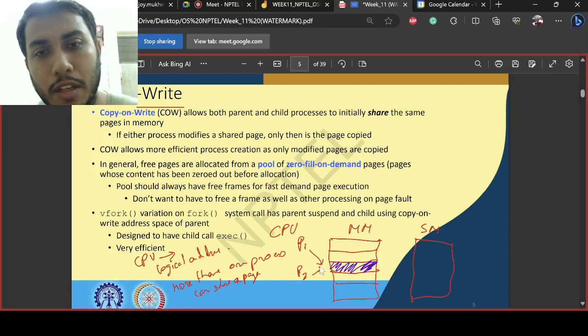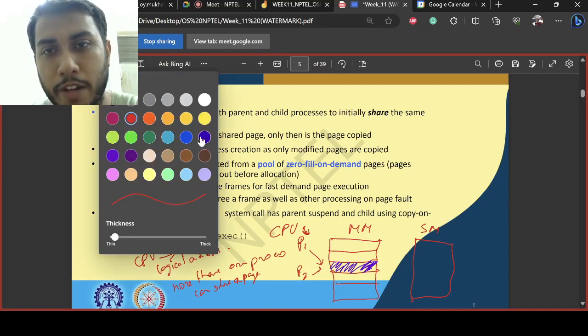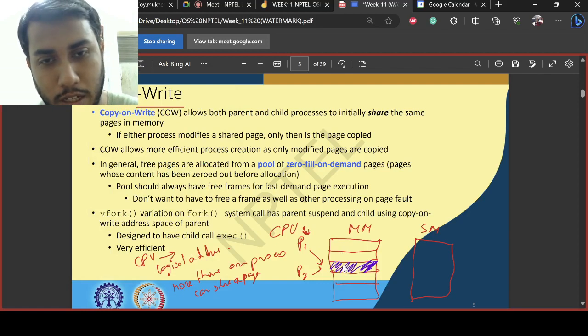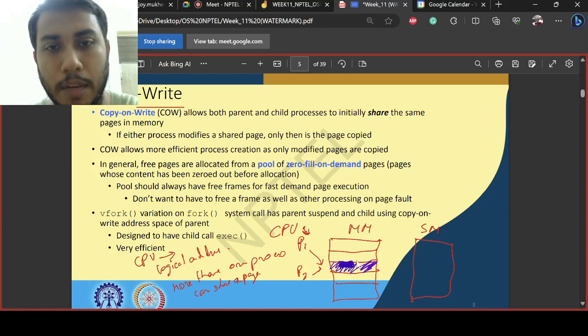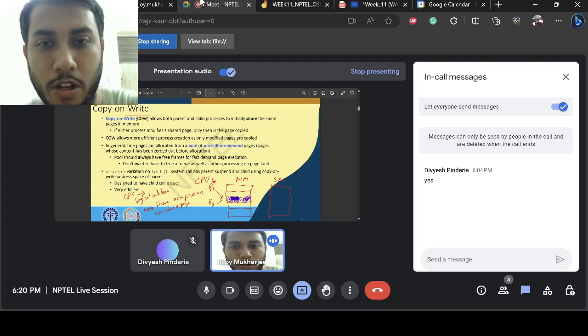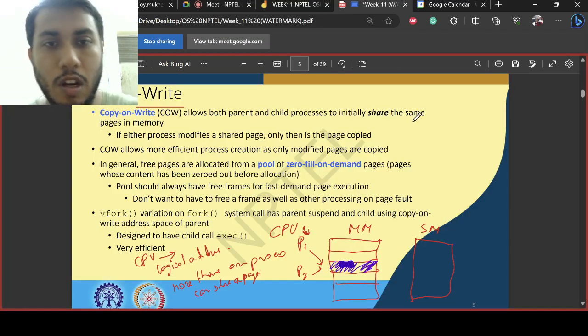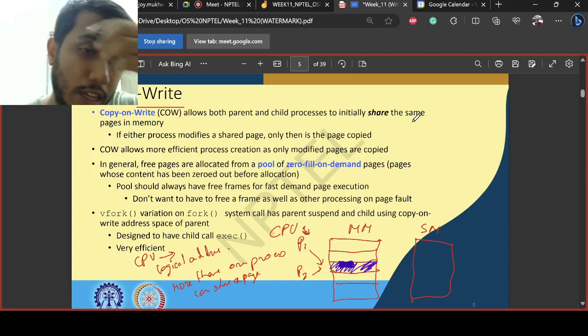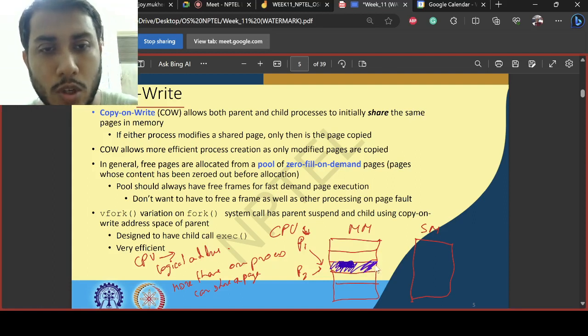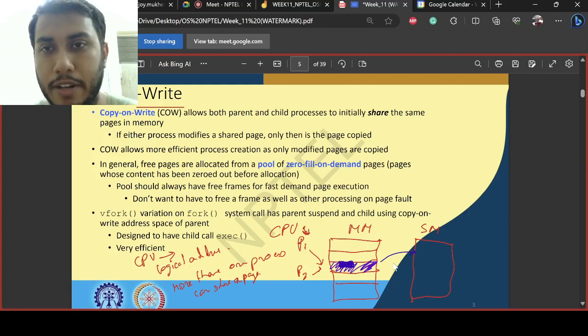Now let's say P1 has modified this page, something here. Since it has been modified, obviously P2 will also be using the modified version, right? But at some point you need to swap this one out, right?